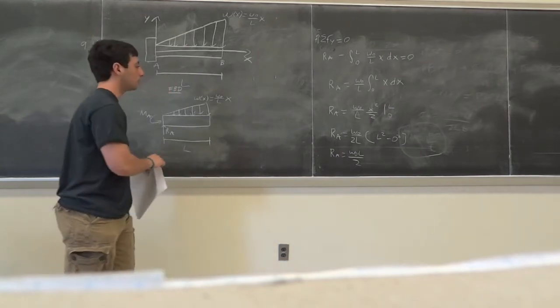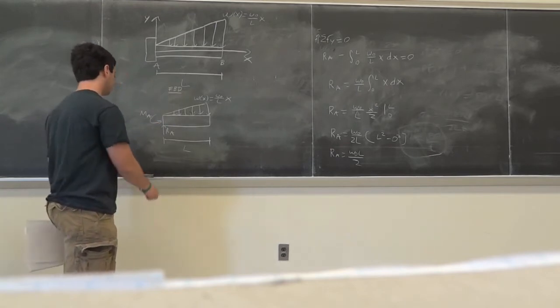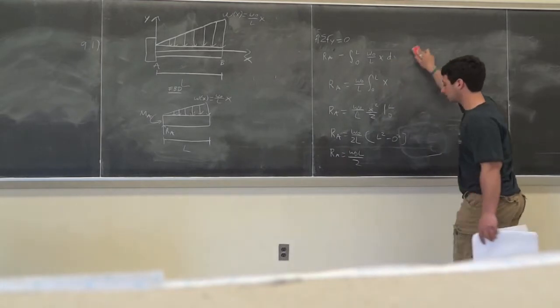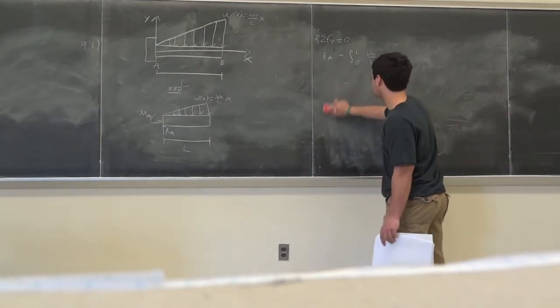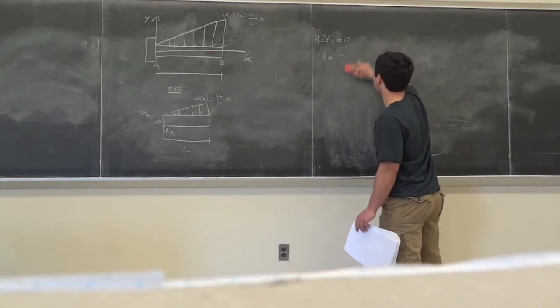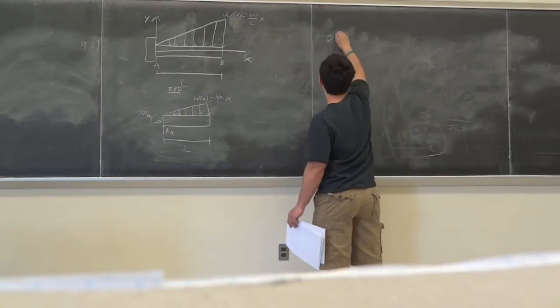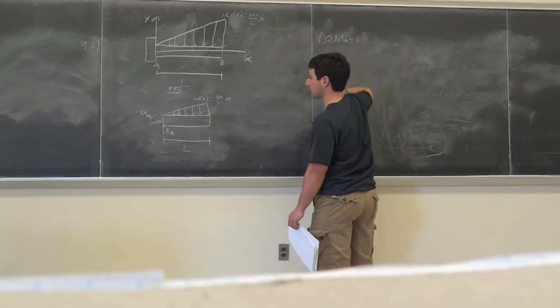Now we want to get the moment. So let's do a moment balance at point A. Let me erase this now. Okay. Let's sum the moments at A, taking counterclockwise to be positive.